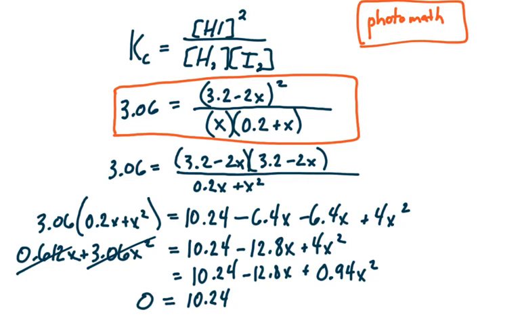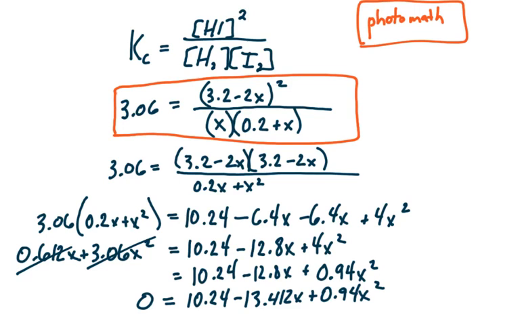I get negative 13.412x plus 0.94x squared. Okay? And the last thing I want to do is rearrange this to make it represent a quadratic expression.